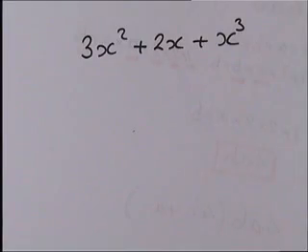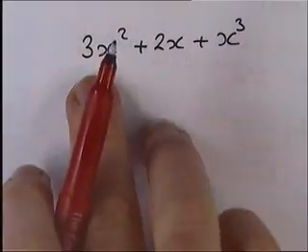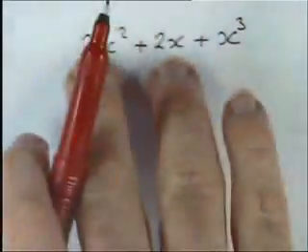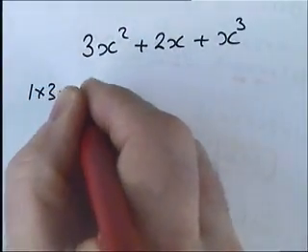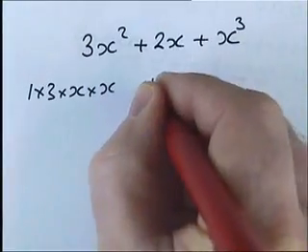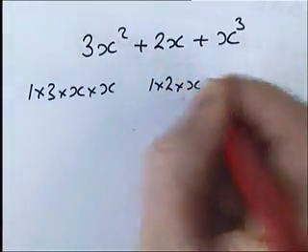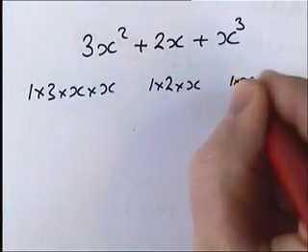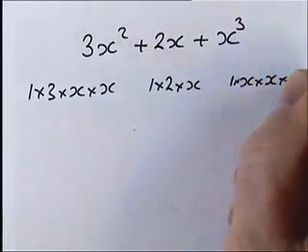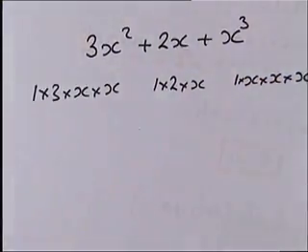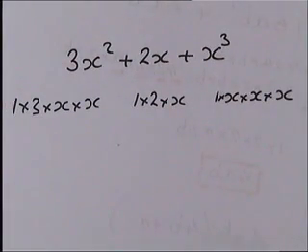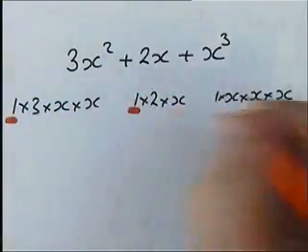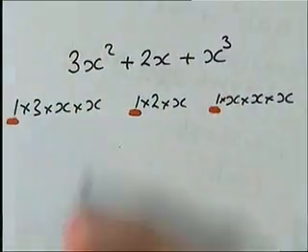So now we've got to find the highest common factor between these 3 different terms. So if we write it out as 1 times 3 times x, 1 times 2 times x and x, or 1 times x times x times x, we now have to find the highest common factor for 3 terms. So we've got the 1 in each list.